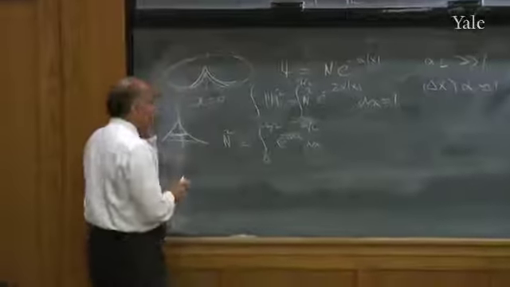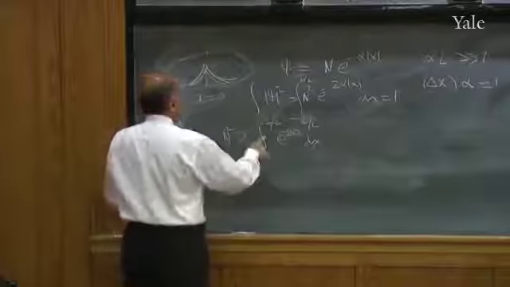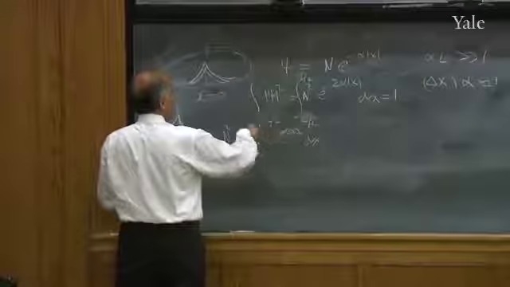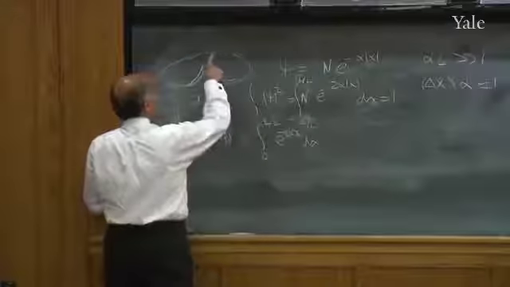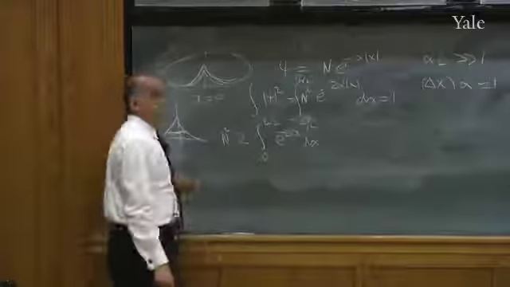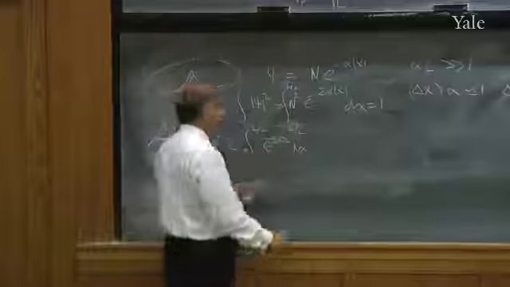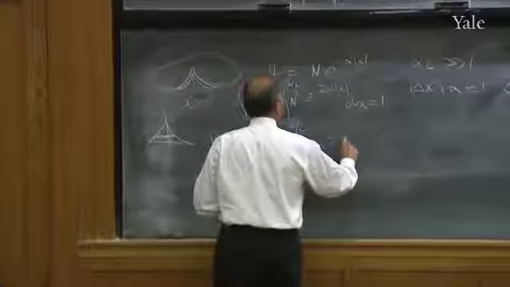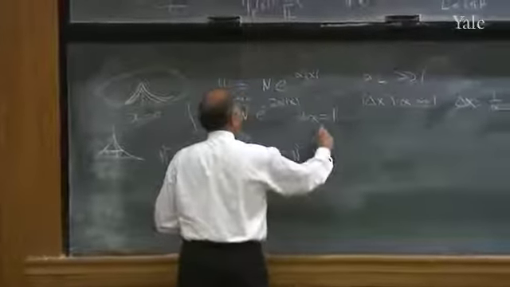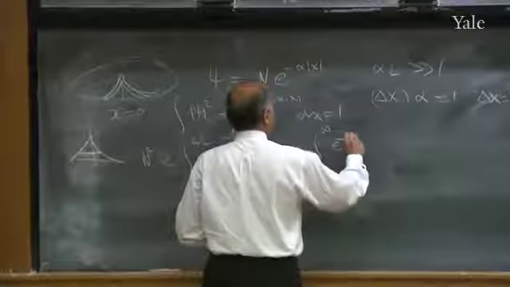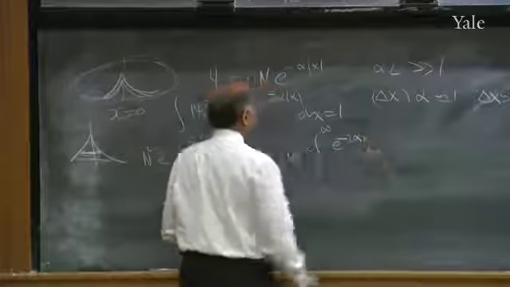Right. So I'm going to now assume that in the upper limit of the integration, instead of going up to L over 2, I go to infinity. It doesn't matter, because this guy is dead long before that. That's why I made that choice, so that I'm going to write this 2 times n squared times the integral from 0 to infinity of e to the minus 2 alpha x dx.